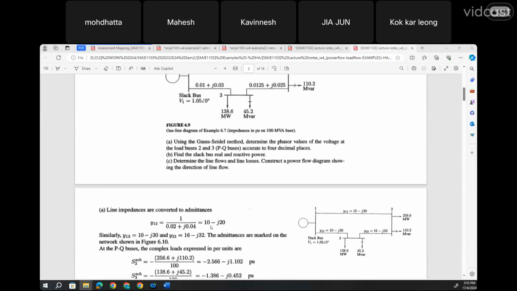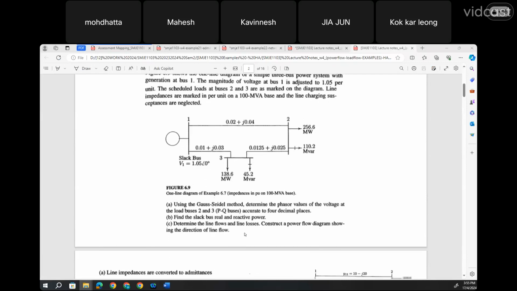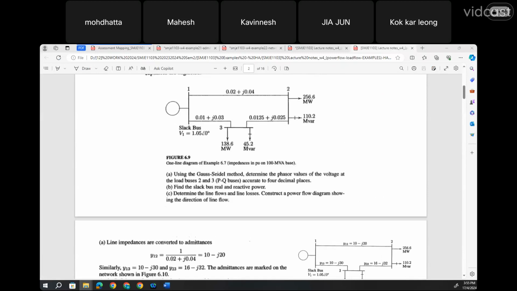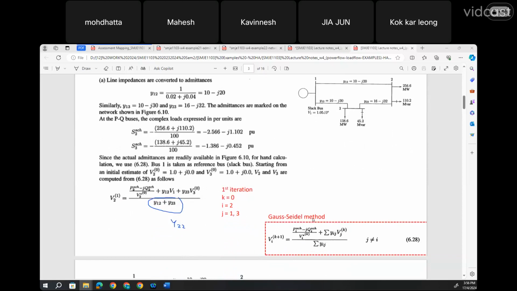All right. What I try to explain here is that, first thing, you need to convert into admittance as we discussed. Once you get it in admittance values, you can also redraw this figure, example figure 6.9, into this figure so that you know what values you are working on. Okay.